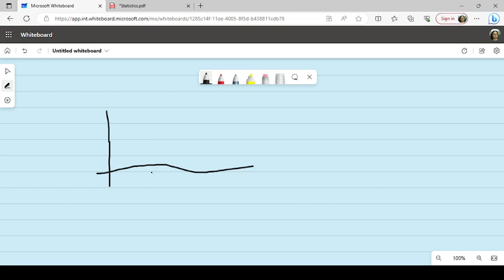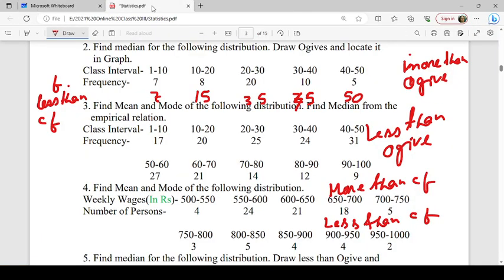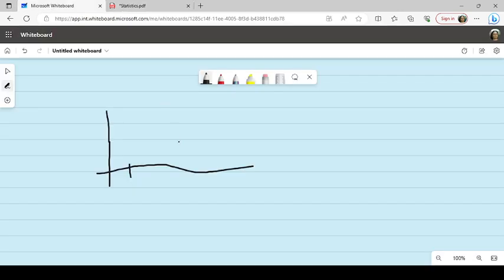We just mark the upper limits. So this is 10, then it is 20, 30, 40, 50.